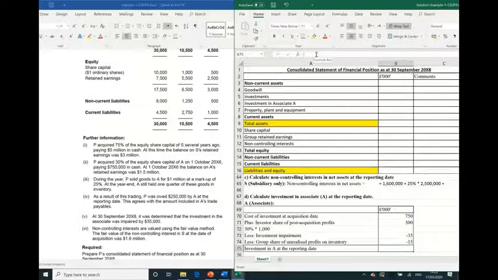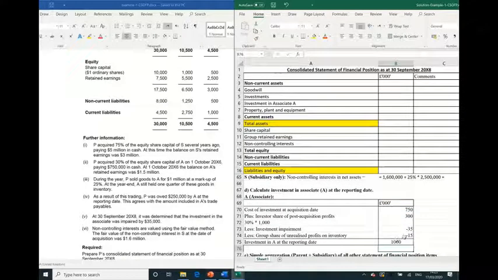And then we get the investment in associate at reporting date. So the cost of investment adjusted by the investor share of post-acquisition profit, and also with impairment in the investment, and also with the group share of unrealized profit.